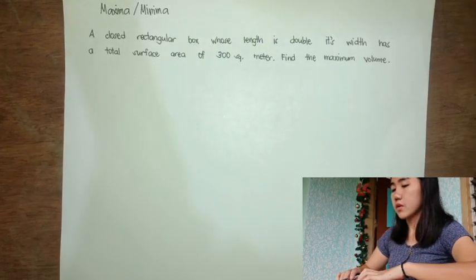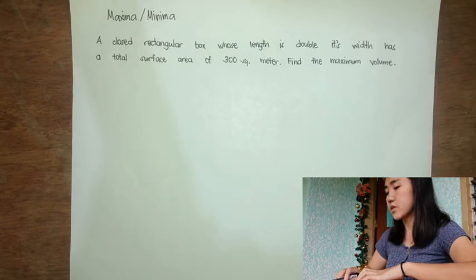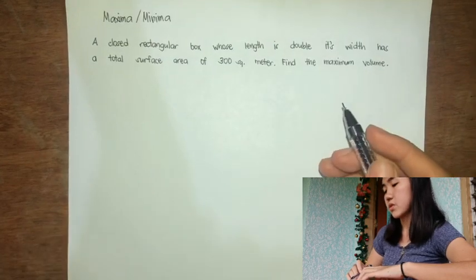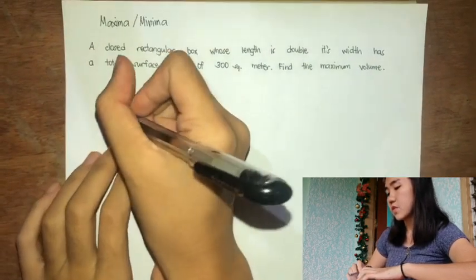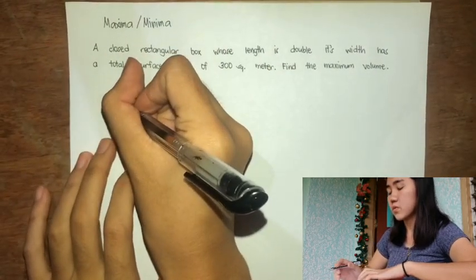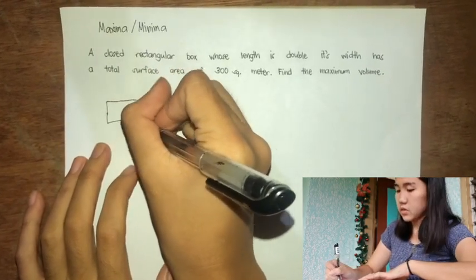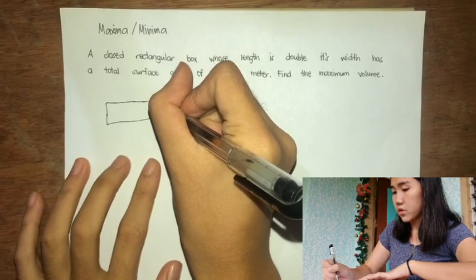Maxima minima. The problem is: a closed rectangular box whose length is double its width has a total surface area of 300 square meter. Find the maximum volume. First thing we do is draw the figure, which is a rectangular box.